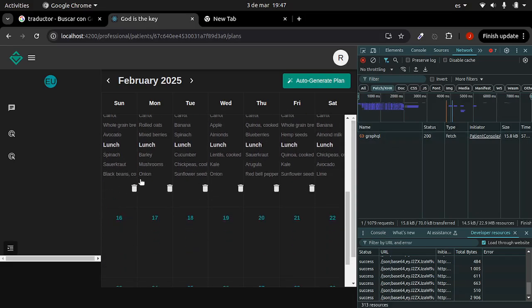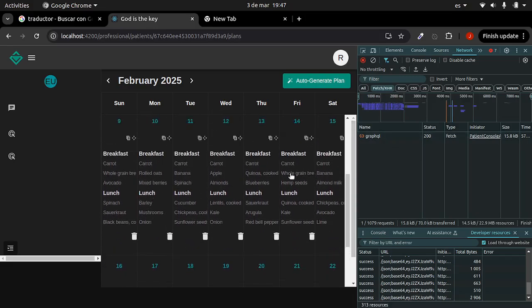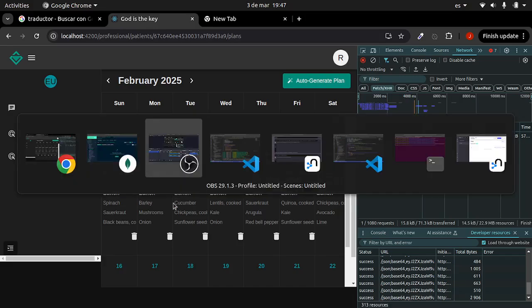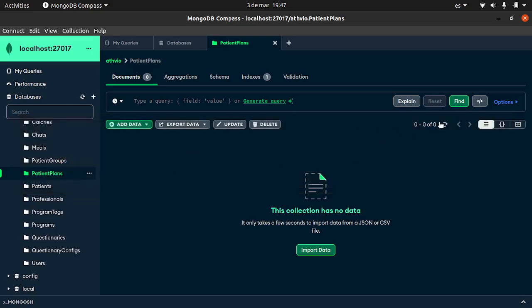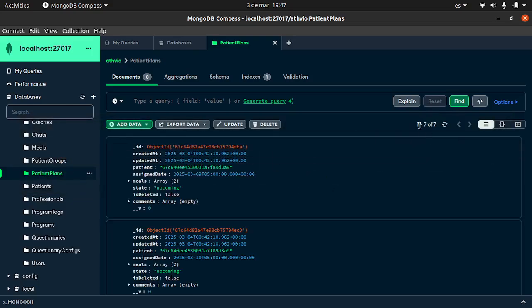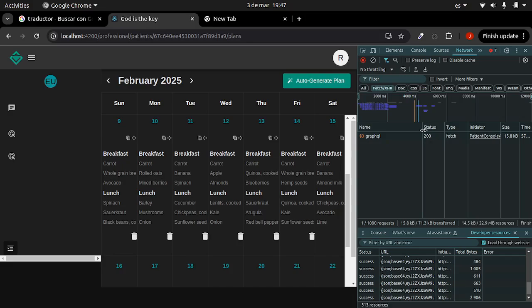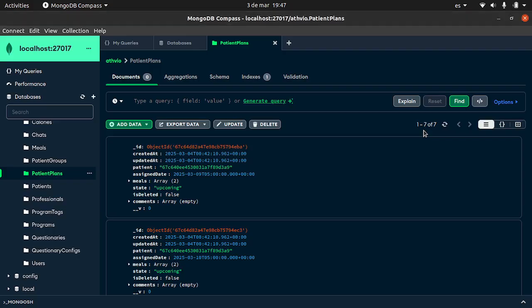As you can see, this is the nutritional plan that ChatGPT offered for 7 days. If we check the database now, you can see that it changed to 7, because in the prompt I asked for a nutritional plan for 7 days, not 7 meals.